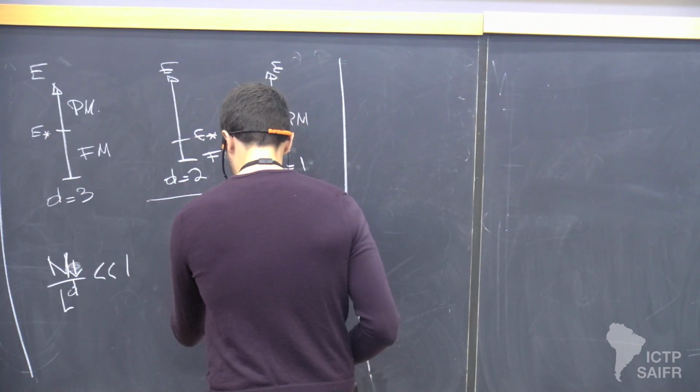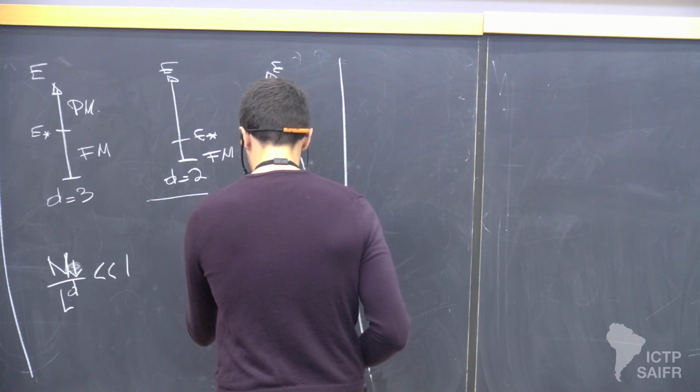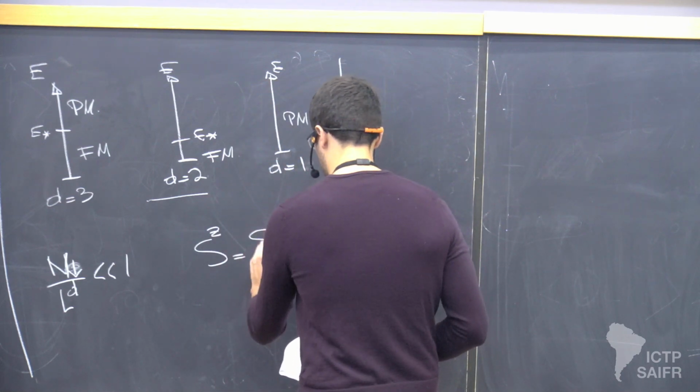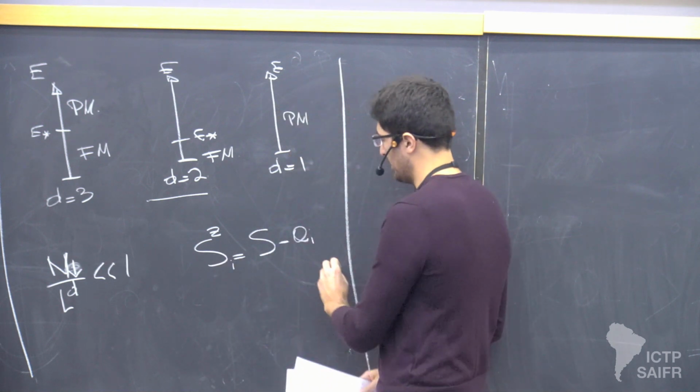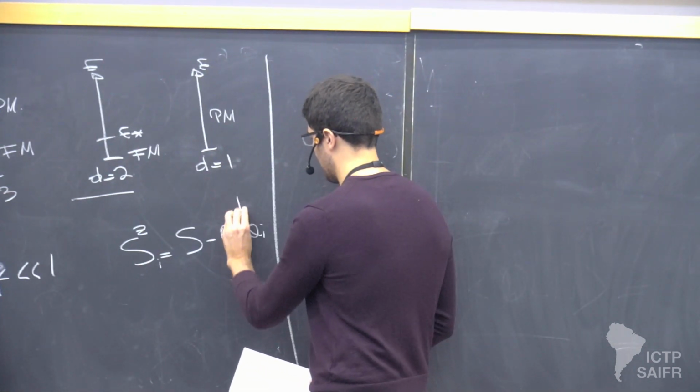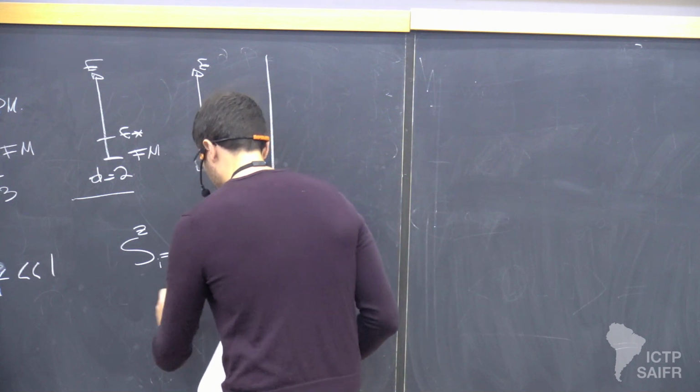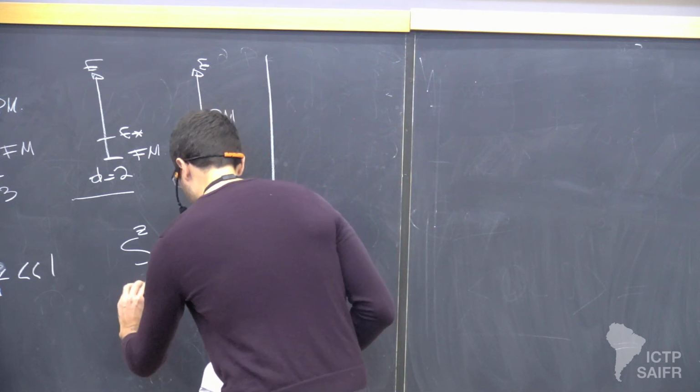Let me write it up, where the S^z operator, so each spin at each site, I replace it. I use bosonic degrees of freedom.